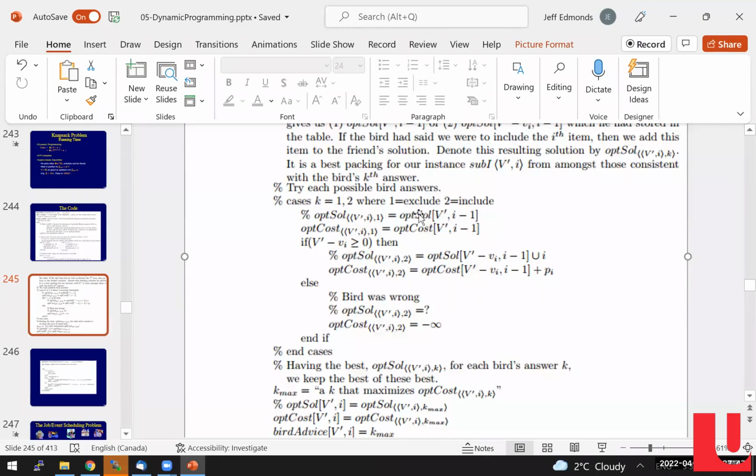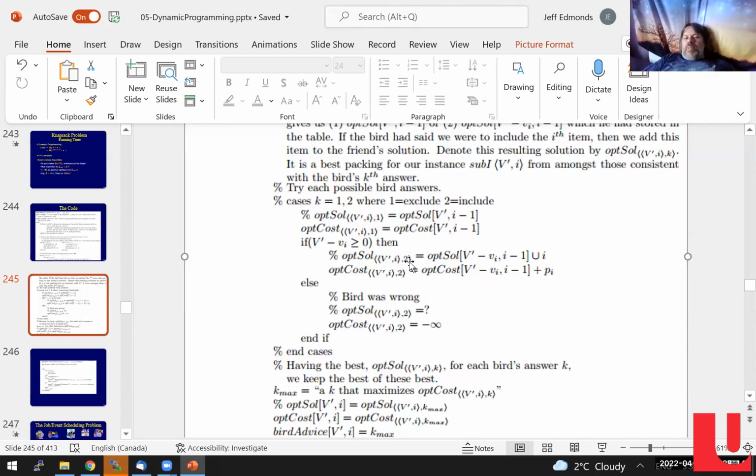It could also be a computation involving table lookup, not just a simple lookup? No, well, let's wait till we get down here. I'm going to say no. The friend is the table lookup, but my answer is a combination of the friend's answer and the bird's answer. Got it. Right. All right.